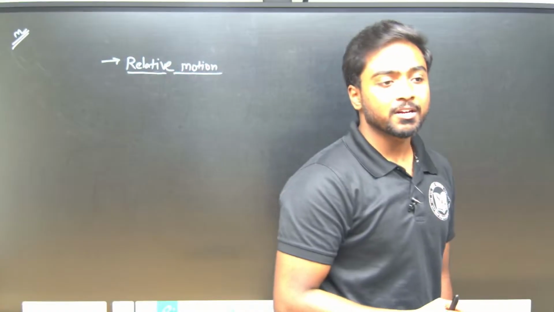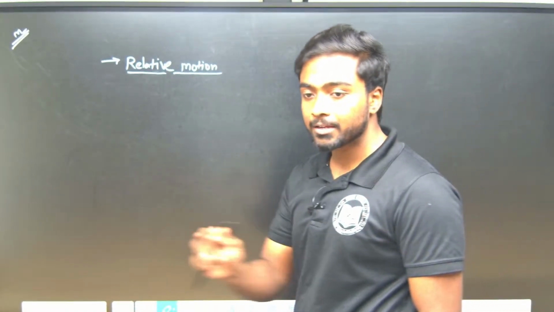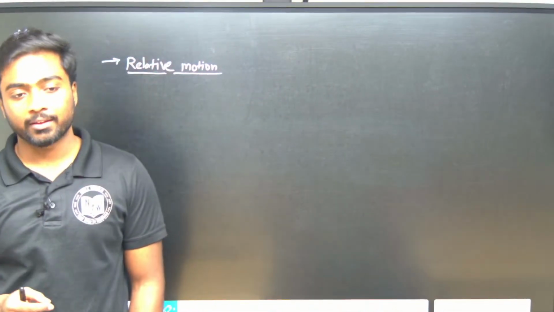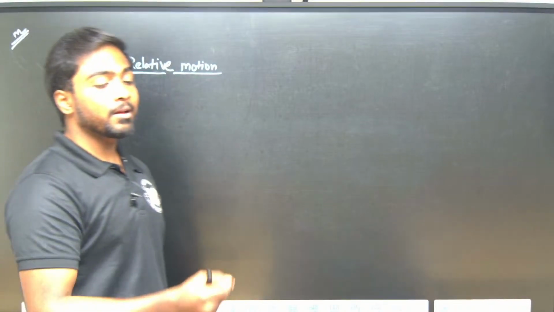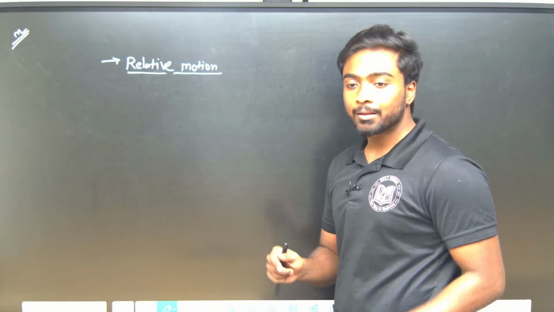Motion we have studied: the object is moving from one point to another point, changing its displacement, changing its position. Whereas what is the meaning of relative motion? Relative is nothing but relating something with another object.